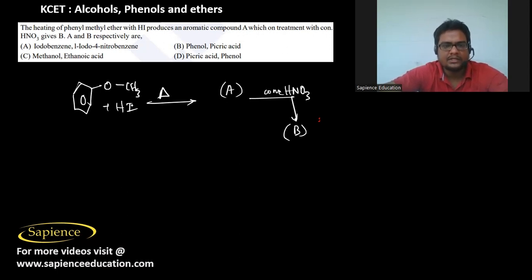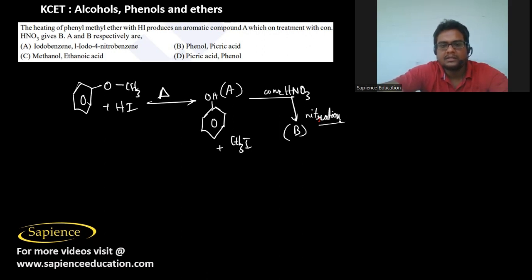So now when HI reacts with methoxy benzene, it will form phenol plus CH3I, and when it reacts with nitric acid, there will be nitration.